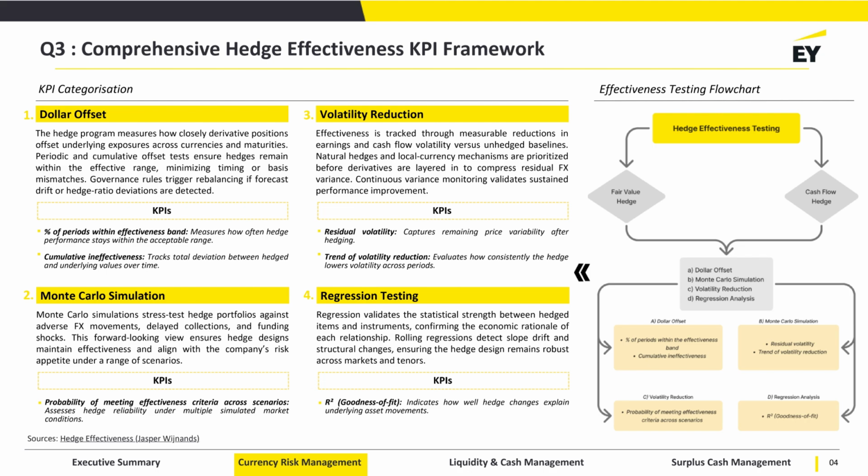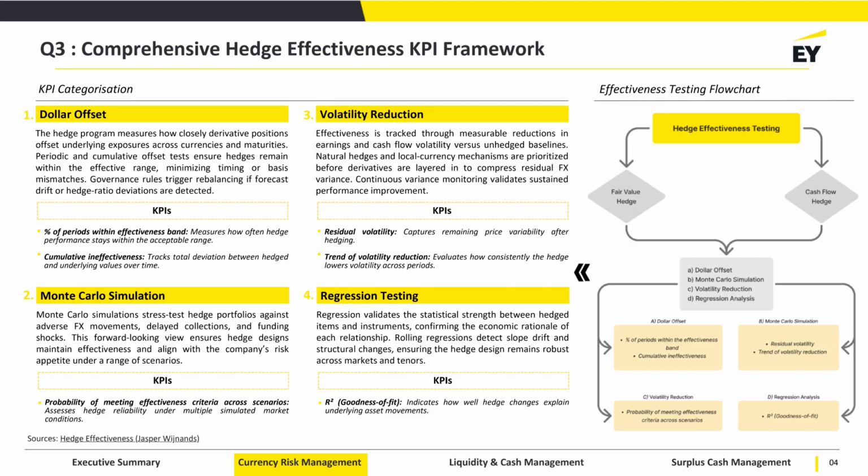The dollar offset method measures how much of the derivatives offset the underlying exposure across various maturities, and it is reported as a percent of periods within an effectiveness band and also a percentage of cumulative ineffectiveness.